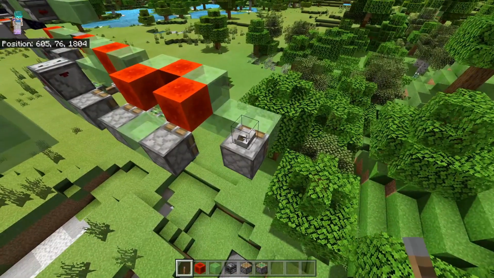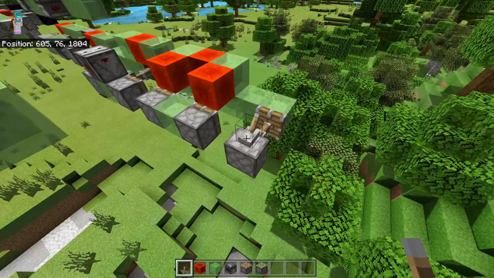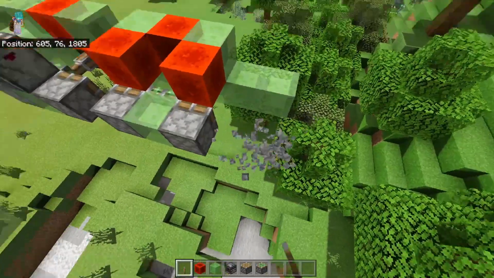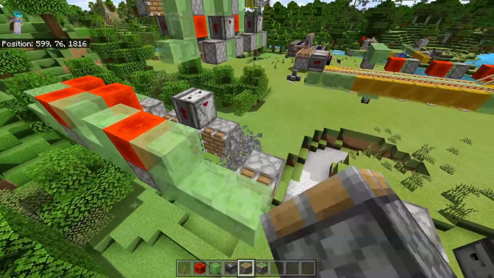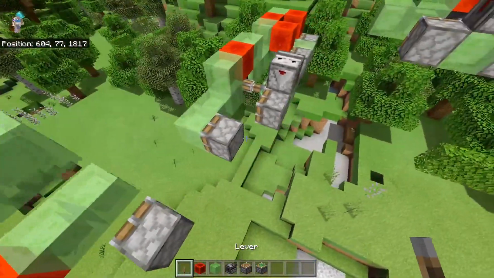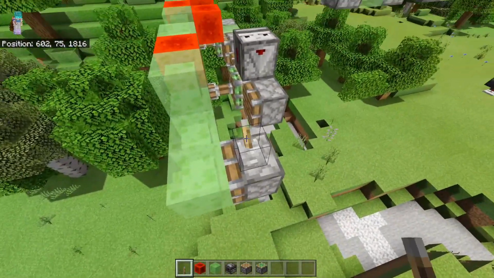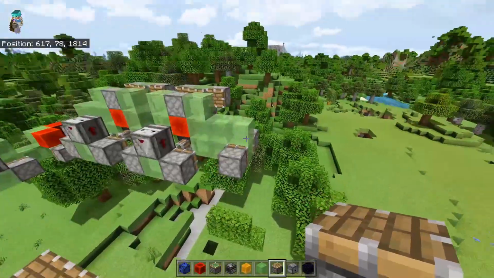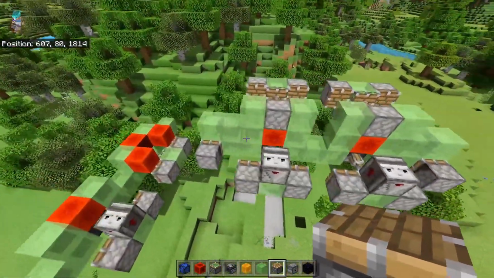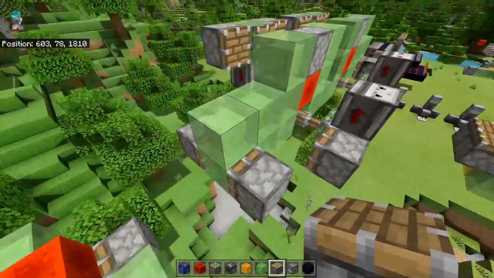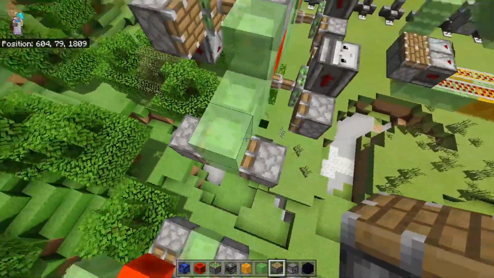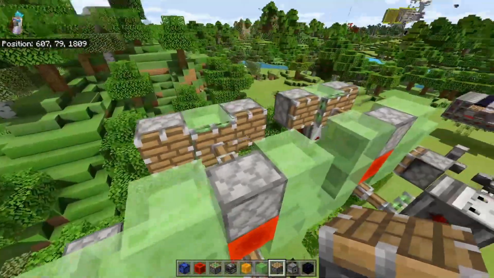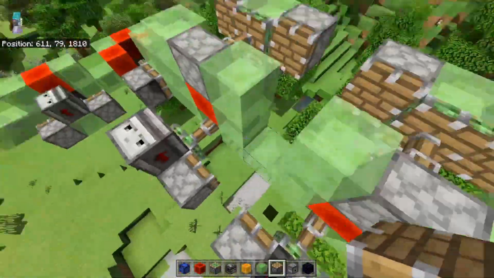So I'll push it off from this side first. And then I'll push it off from this side just so you can see that it does indeed fire from both directions. So this next one here is not only two-directional, but it is also two-way, meaning that it can start on this end and go to this end, and then start on this end and go to this end.